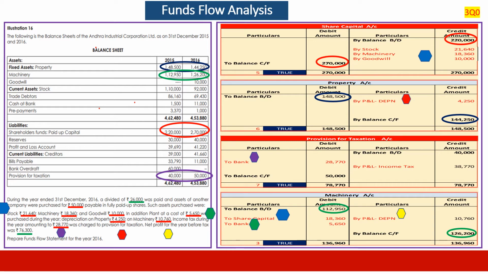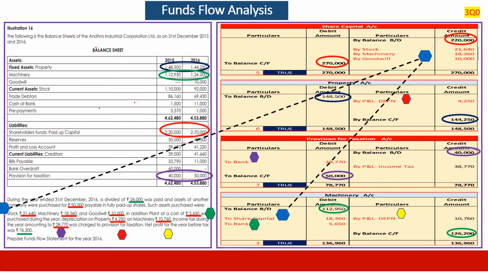Provision for taxation opening is 40,000 and closing is 50,000. Then we have got a transaction which involves purchase of assets from another company, stock 21,640, machinery 18,360 and goodwill 10,000 totaling 50,000, and that finishes the share capital account.